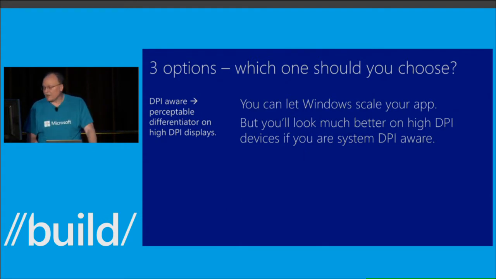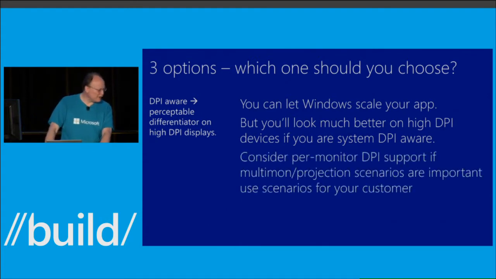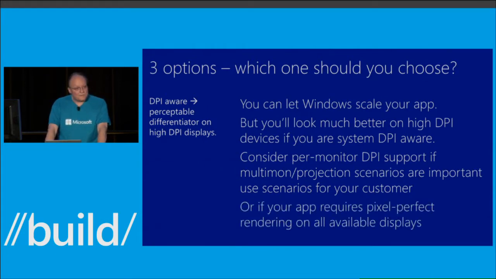What that means is then, well, when should you become per monitor aware? Well, it is important in a couple cases. One is if your application gets widely used in multi-mon projection scenarios, then you want to think about what do I need to do to tune up that experience on my secondary. Or if you've got like a graphics art app where you have to be able to provide a pixel-perfect rendering on all your displays.